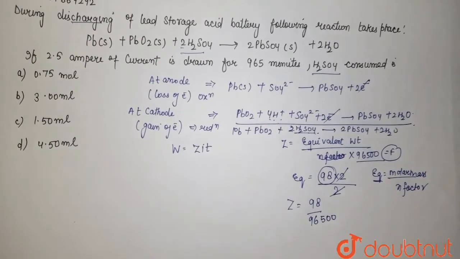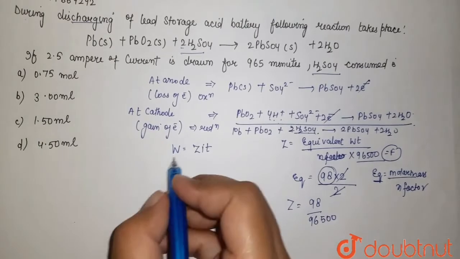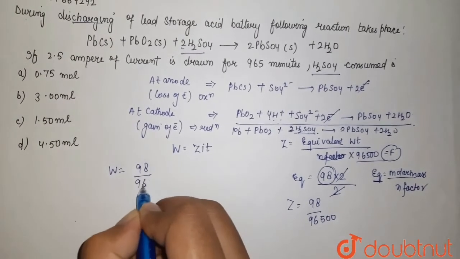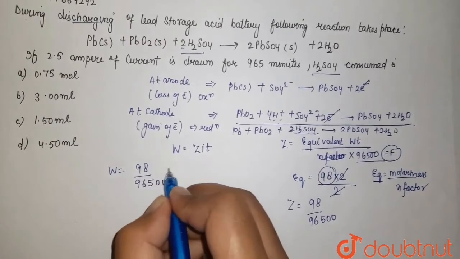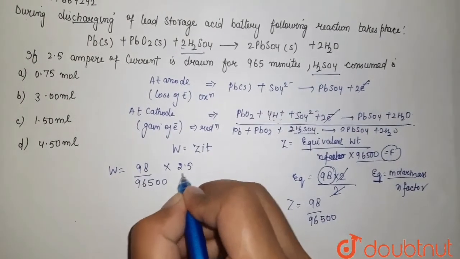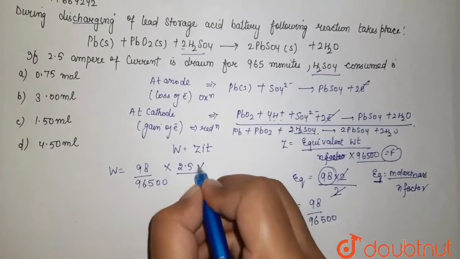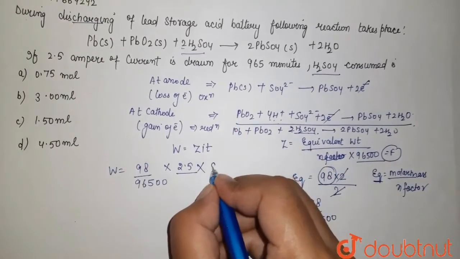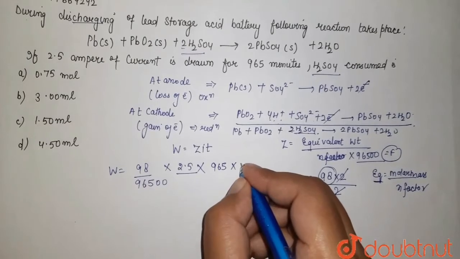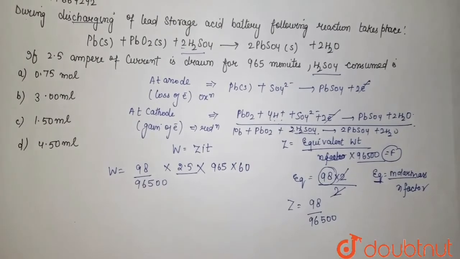So here Z comes out to be 98 upon 96500. Now if you solve it, Z is 98 upon 96500, I is the current given in the question, that is 2.5 ampere, and time is 965 minutes, and for seconds we multiply by 60.